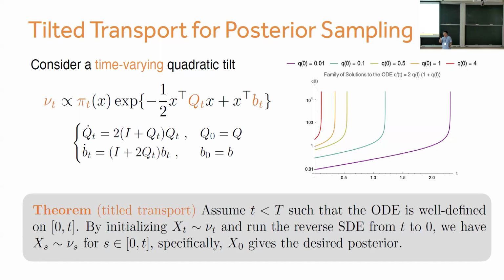A delta distribution is very easy to sample, and then you transform the original sampling problem of mu 0 to a new sampling problem of mu t, which is easier to sample. So that's the nice thing about this tilt transport technique.